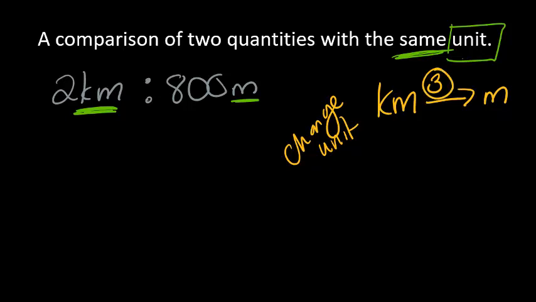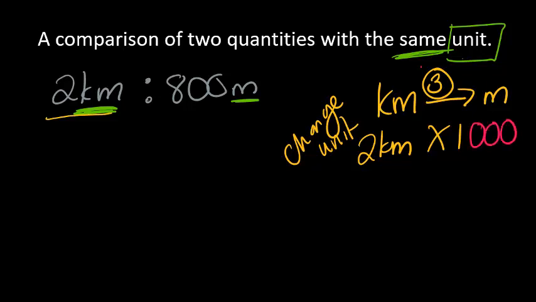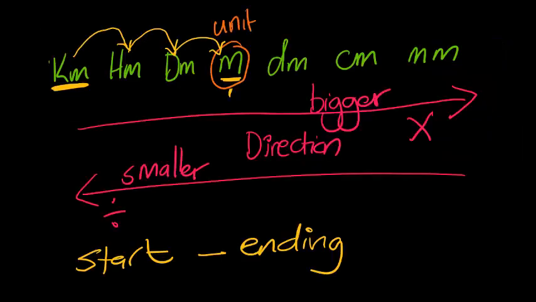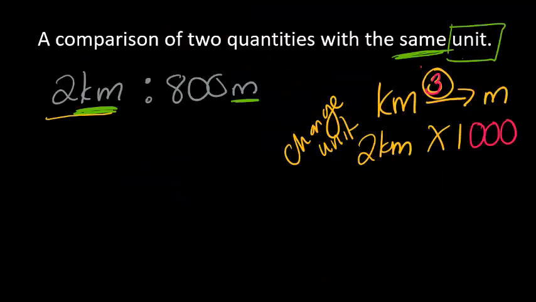So I'm going to start with my number, that is 2 kilometers, and I'm going to multiply it by 1, and that 1 is going to have 3 zeros, and those 3 zeros come from my hops. I hopped 3 times, 1, 2, 3, so I put 3 zeros on there. So 2 kilometers times 1000 is equal to 2000 meters.